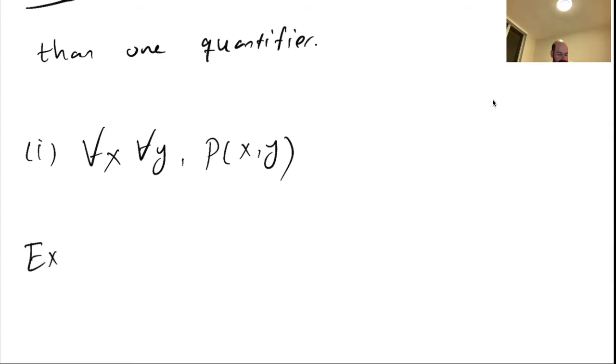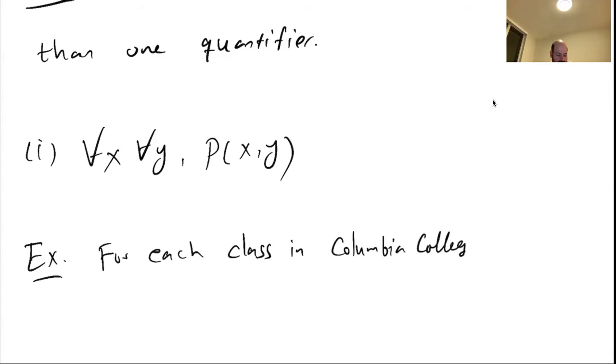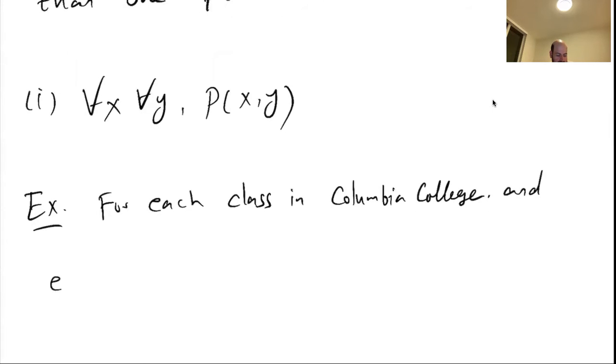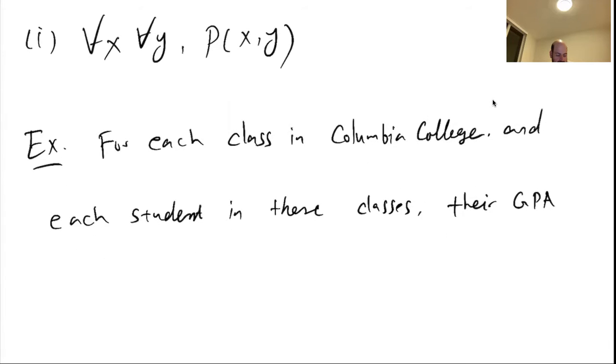So let's say I say: for each class in Columbia College, and each student in these classes, their GPA is more than 3.6.